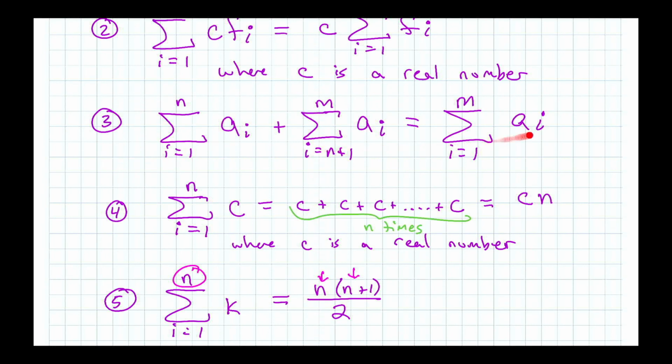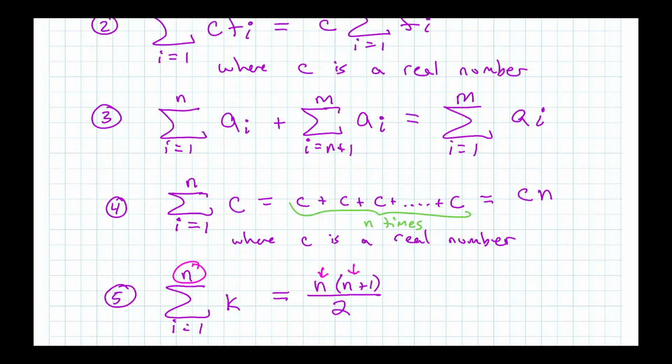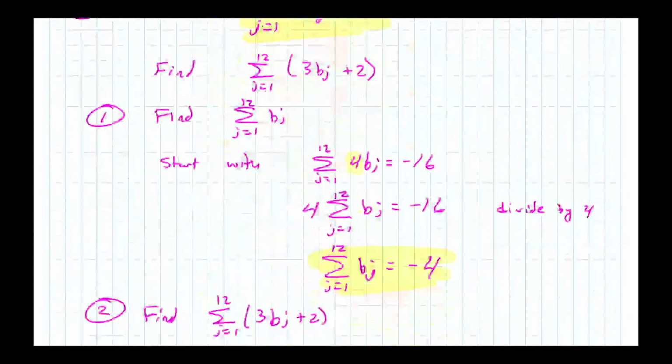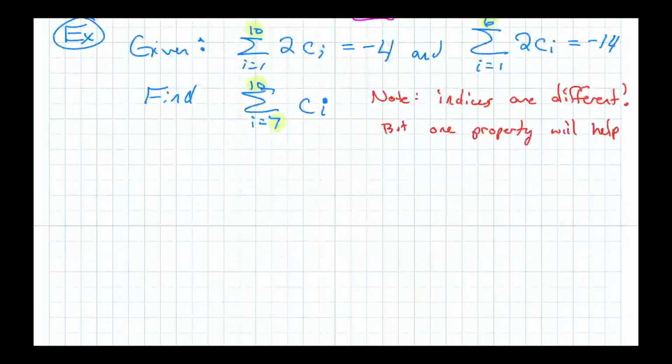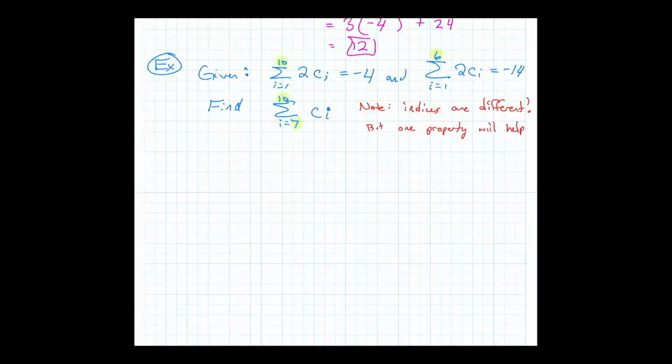That's confusing to look at because of too many letters: i, n, m, i plus 1. But it's actually very simple. So if I scroll down here, let's deal with this. Here's what the property says for our problem.